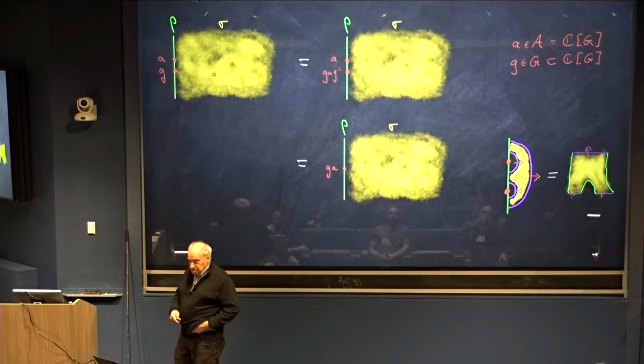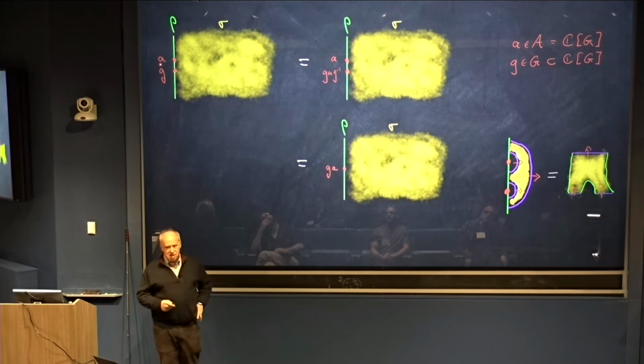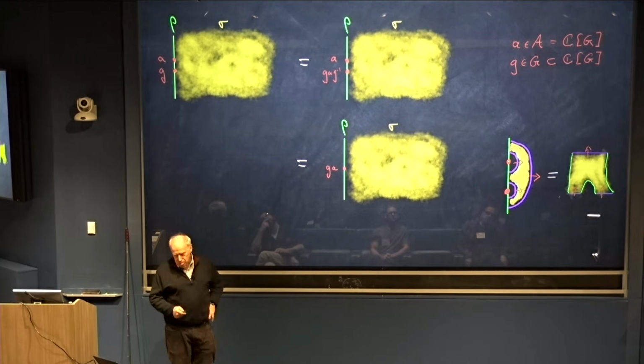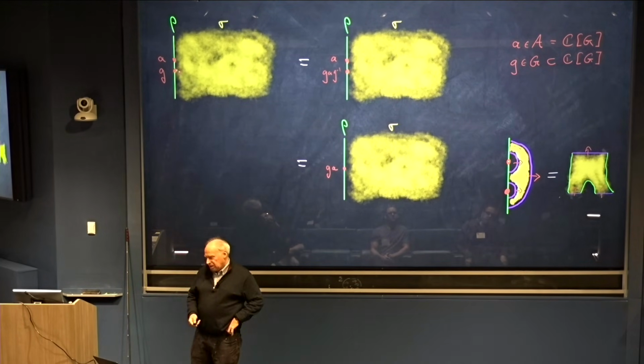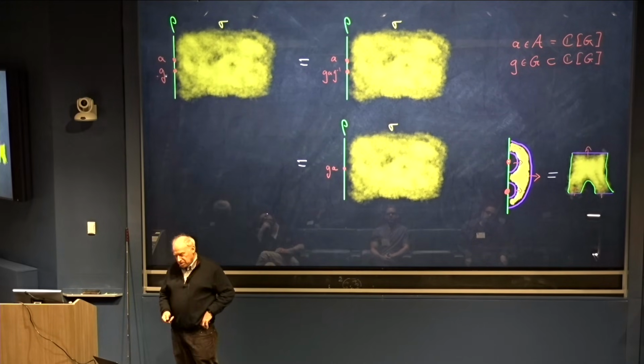Okay, so here's a little easy manipulation. Supposing we have these 2 point defects. One is labeled by an arbitrary element, not necessarily a unit in the algebra, not necessarily invertible, but the other one is labeled by an invertible element in the algebra, an invertible defect, so an element of the group, say. And what happens when I bring G past?